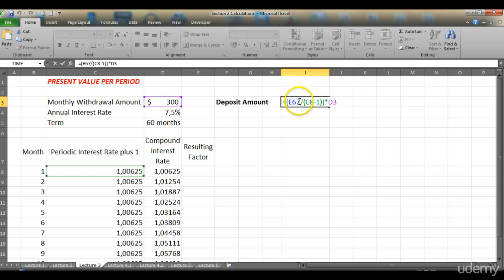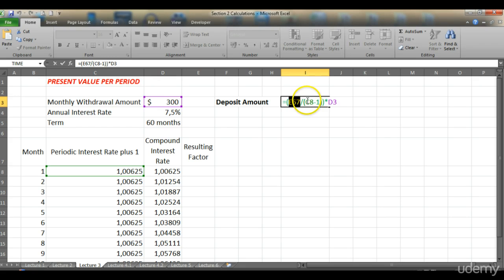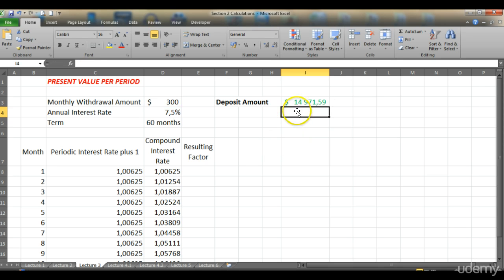We have the resulting factor here, divided by the periodic interest rate minus 1, and this is multiplied by the monthly withdrawal amount, the 300, and we will receive the answer. It's $14,971.59 we have to deposit today if we want to withdraw this amount every month.